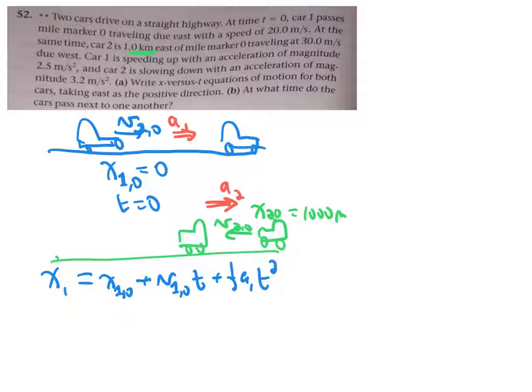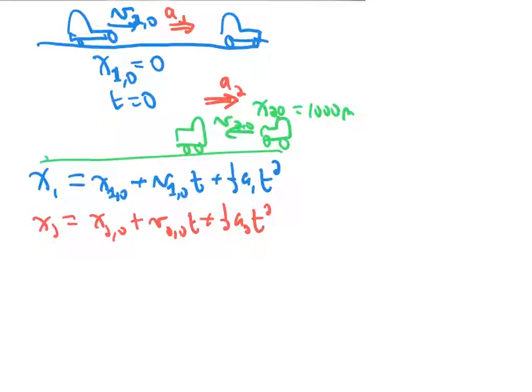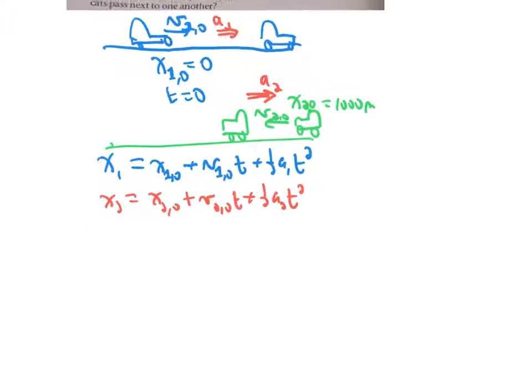And for car 2, we're going to have x2 is x2,0, plus v2,0 t, plus 1/2 a2 t squared. It's just going to be messy, but we'll be able to do it. So we'll leave behind the problem for a second and just give us some more space to write.